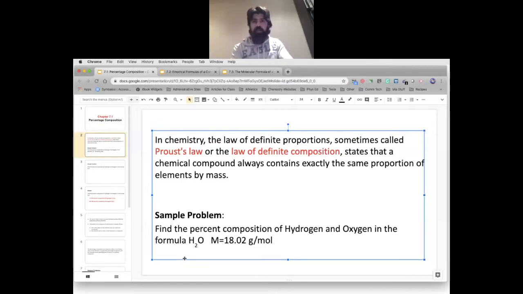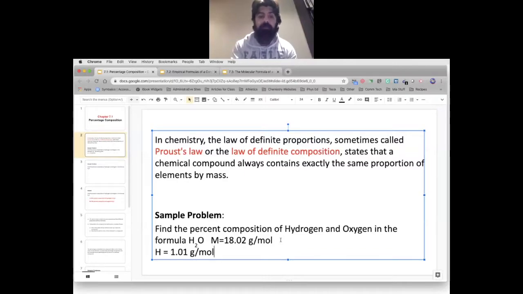Now, to calculate the percent composition, we are looking at all the atoms in that entire compound's formula. So we're looking at the hydrogens, and we're looking at the oxygens. So we're going to take the masses of the hydrogens. Okay, so there are two hydrogens. Each hydrogen is 1.01 grams per mole.